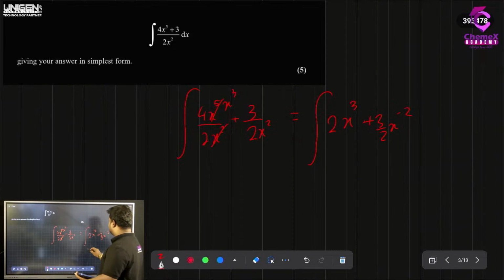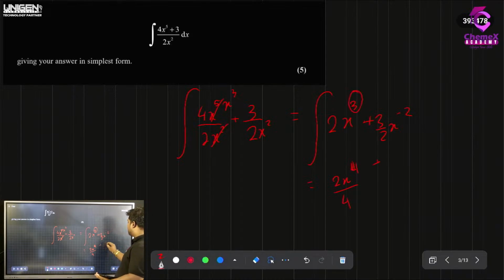So if you integrate this, what do you get? 2x to the 4 divided by 4. The reason is you add 1 to the power and divide by that number, plus 3 over 2x minus 2 plus 1 is minus 1, divided by minus 1.